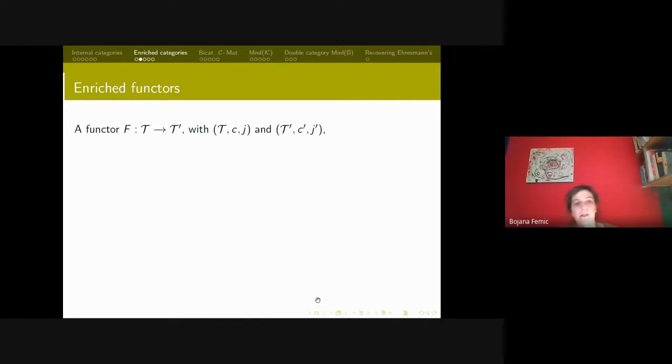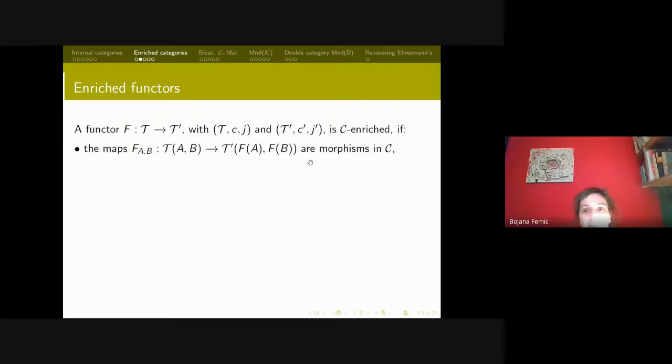And on this slide, I want to say what enriched functors are, because we will come back to this. If F acts between two enriched categories tau and tau prime with these structures C and J, then this functor is C-enriched if these maps are actually morphisms in C and they are compatible with the compositions of tau and tau prime in this way and with the unities.